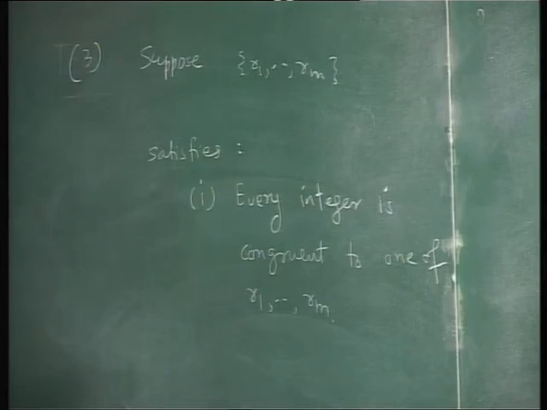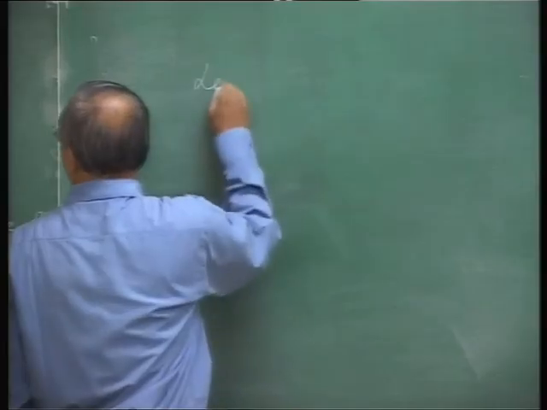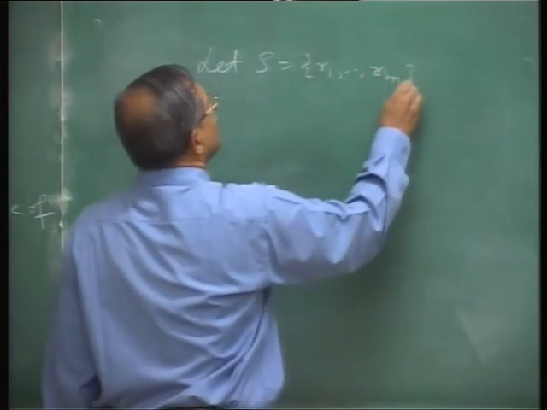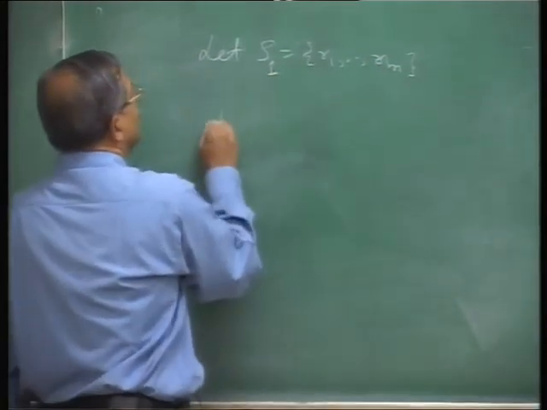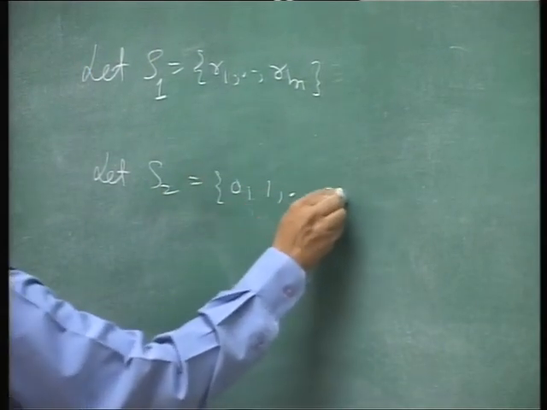And we can define a function from this set to the set 0, 1, 2, etc. up to m minus 1. So let S1 equal R1, R2, Rm. Let S2 equal 0, 1, etc. m minus 1.